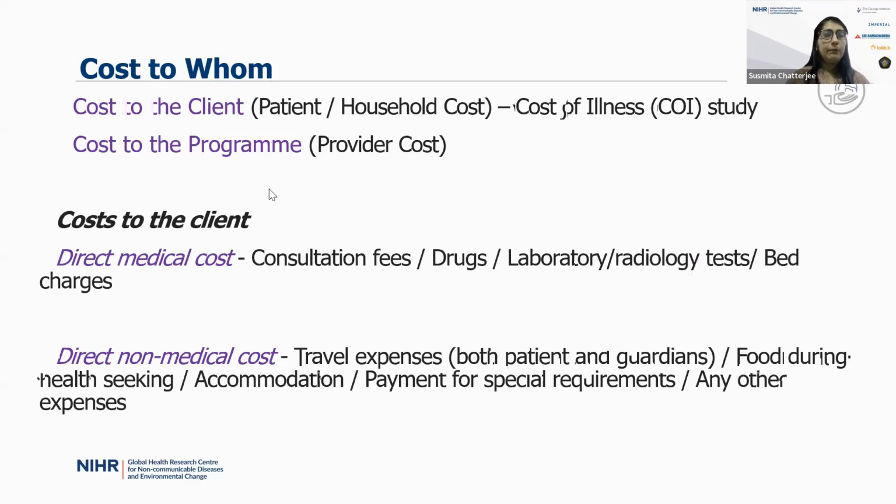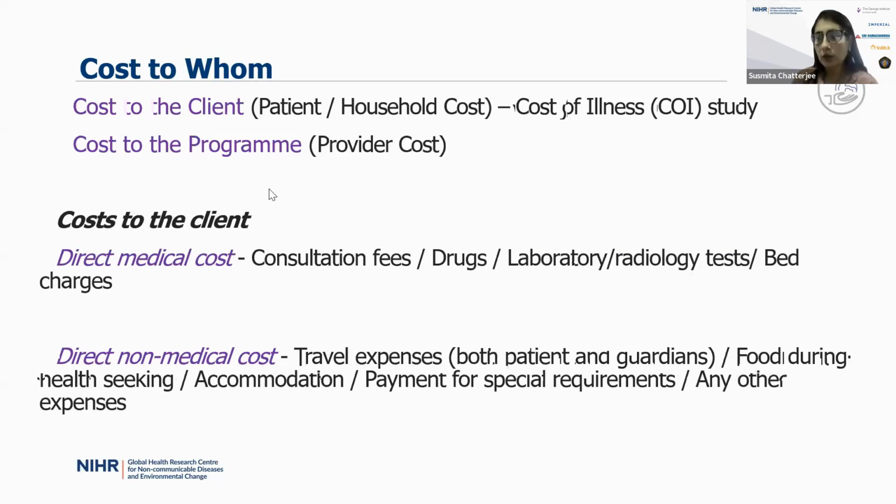Now, today I'm mostly talking about the patient perspective. Think about patient perspective, meaning suppose a person is suffering from any disease. This is what is called a cost of illness study. Suppose the patient has a mental disorder, or tuberculosis, diabetes, hypertension.